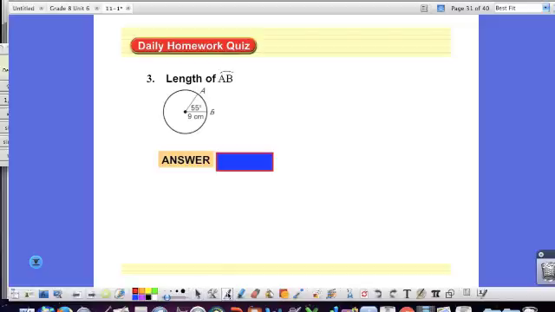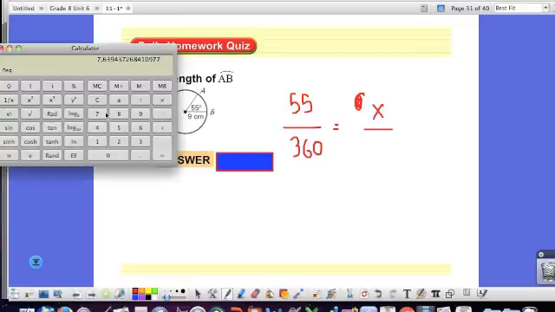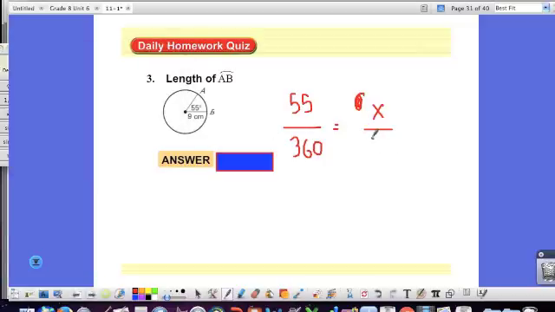Now we're going to find the length of AB. So arc AB is going to be 55 degrees out of a possible 360. The length is going to be that proportion of the circumference. So 18 is the diameter times pi is 56.5, which is what that's going to round to.